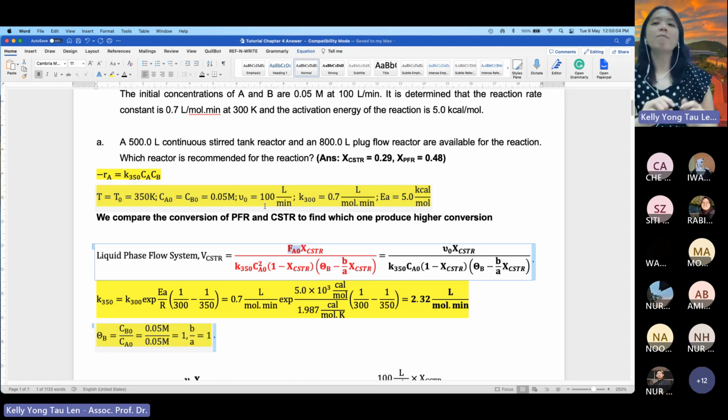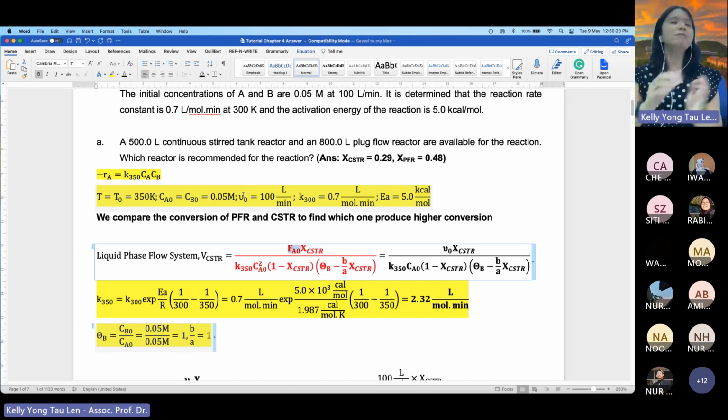Some might say, which I also agree, that we can find FA0 because we have CA0 and we have epsilon naught. Correct. I will discuss the different approaches that students may use.